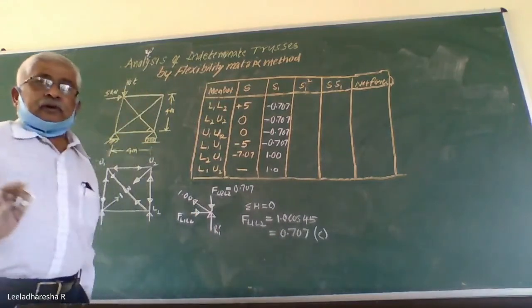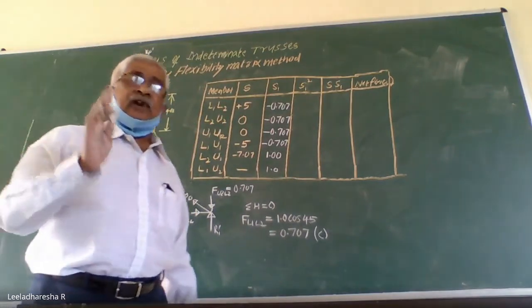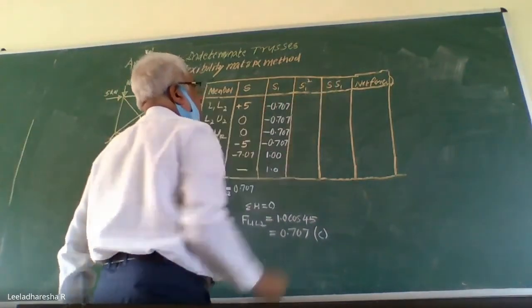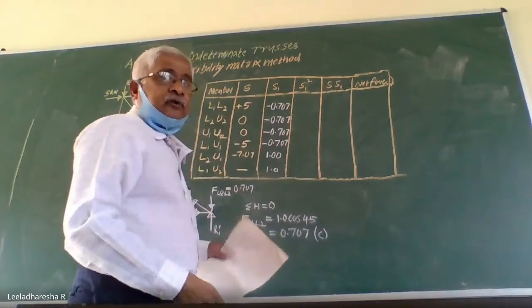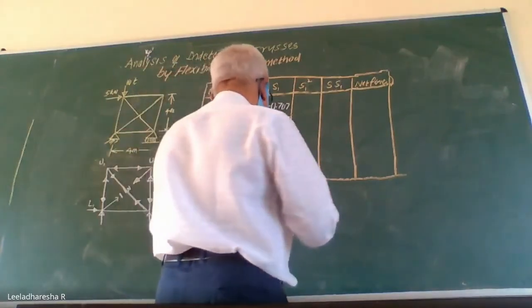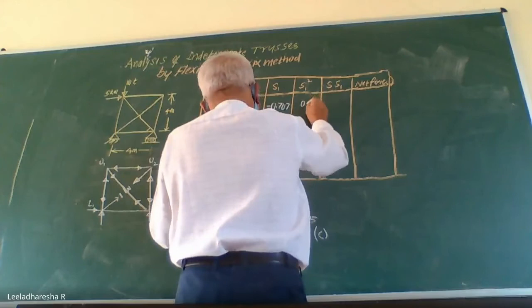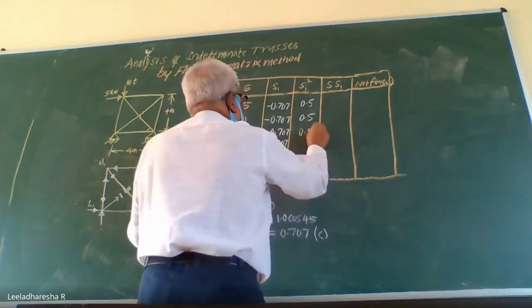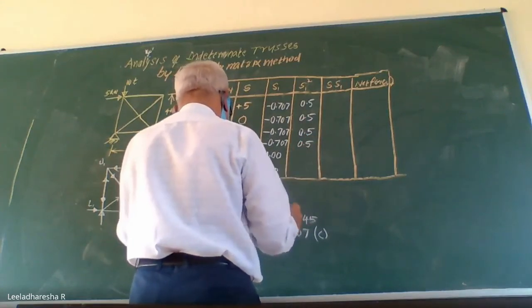Now we need to go for development of the flexibility elements. To do that, we require S1 square, S S1. Let us find the net force. If you square this S1, for the first one you get 0.5, again plus 0.5, plus 0.5, plus 0.5. You can take your calculation.